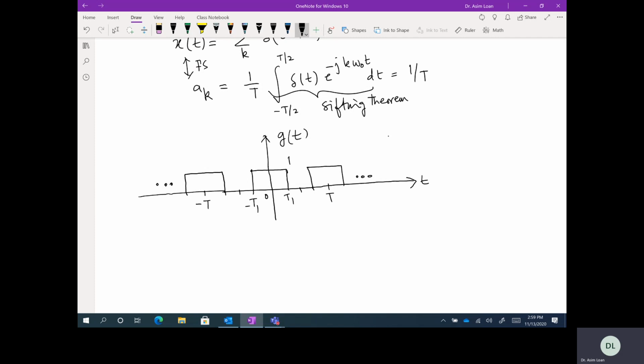So I want to find the Fourier series coefficients here, and I don't want to use the analysis equation.